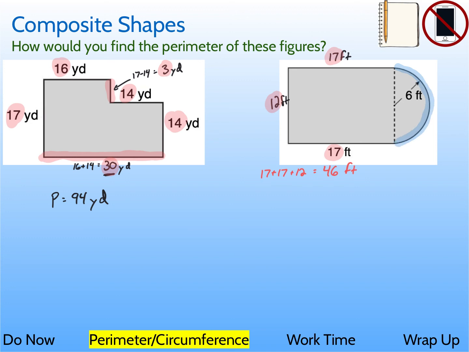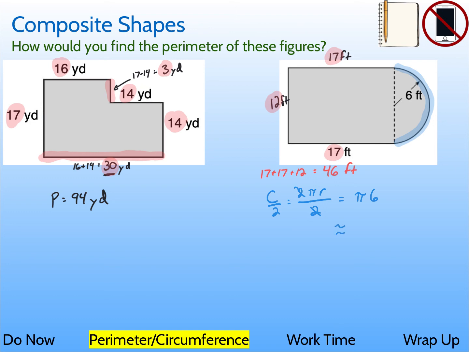Now, I'm going to highlight this part in blue because we still need to figure out this section too. If you look at that, that's half of a circle. So what we really want to do with this is take half of the circumference. That would be 2 times pi times the radius, divided by 2. If we cancel out the 2's, it's just pi times the radius. In our case, that's 6.